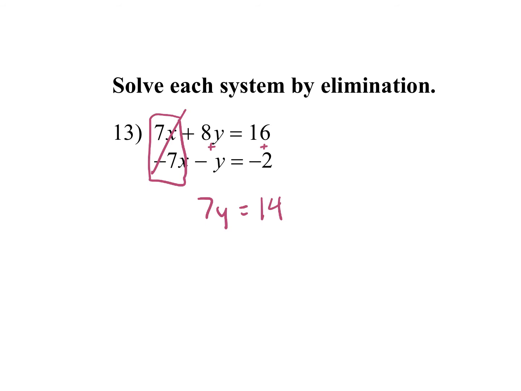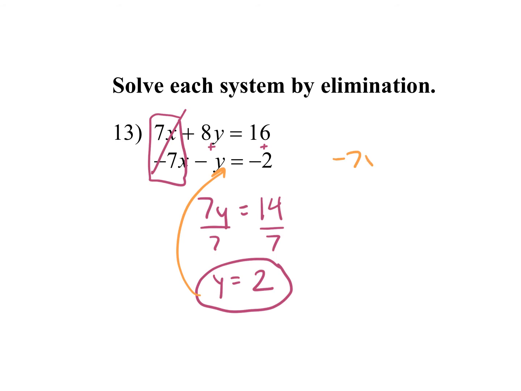Then what should I do? Divide by 7, divide by 7. So what's y equal to? 2. So if y is 2, how do I find x? Plug it in. Do you want to plug it into the first or the second? Second. So I have negative 7x minus 2 is equal to negative 2.